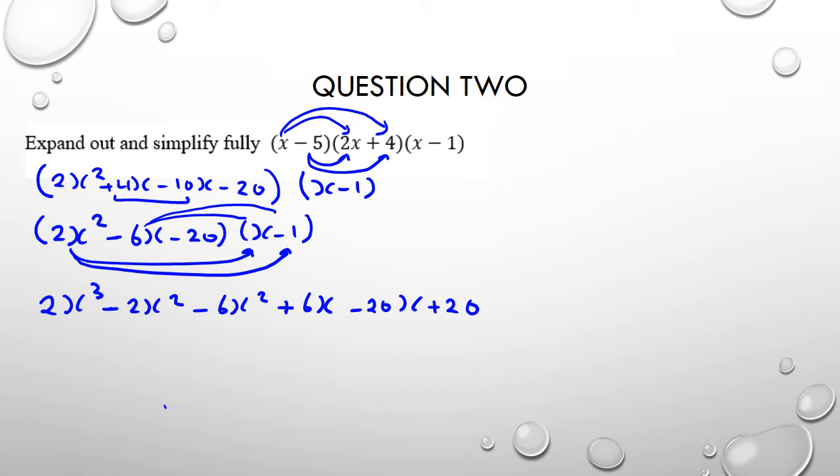Then I add like terms. That would be 2x to the power of 3, negative 8x squared, plus, sorry, minus, because it's positive 6 minus 20, negative 14x plus 20. So that's your final answer. So, achieved questions.